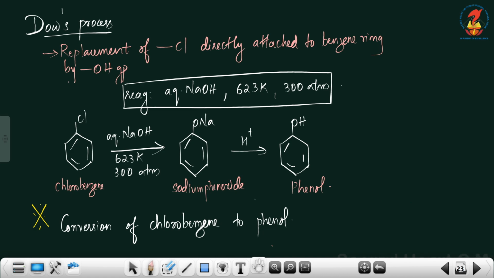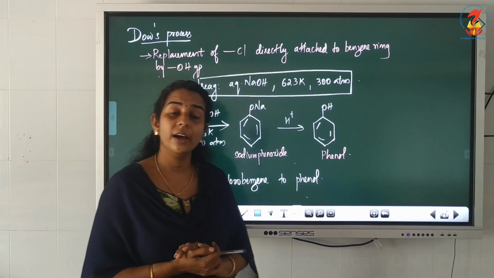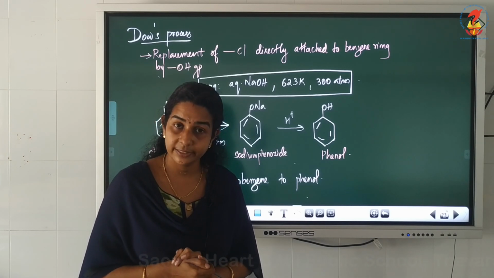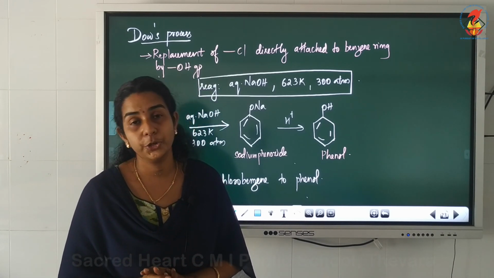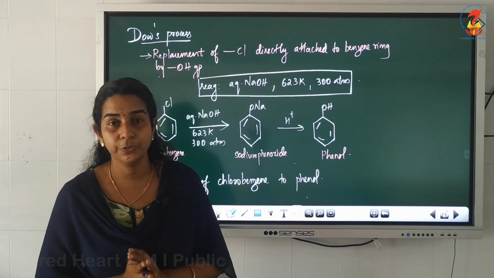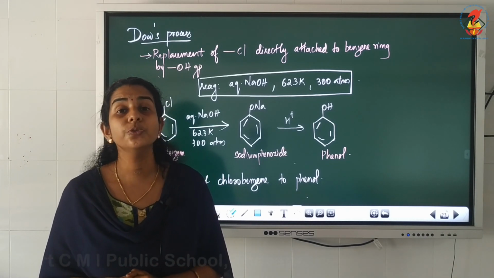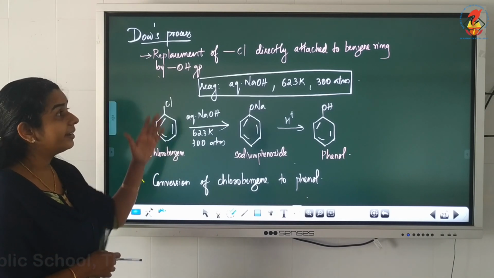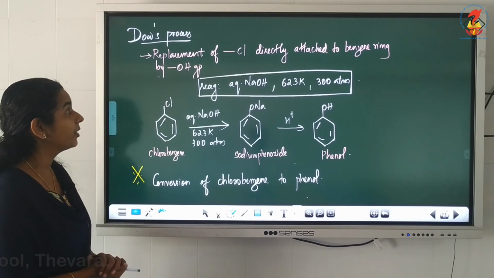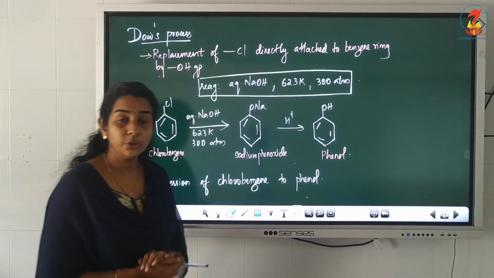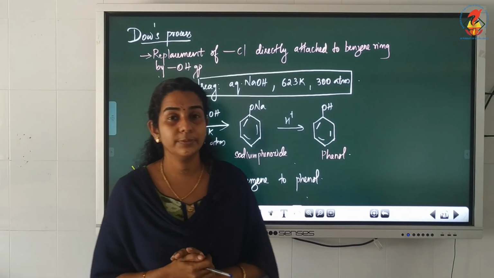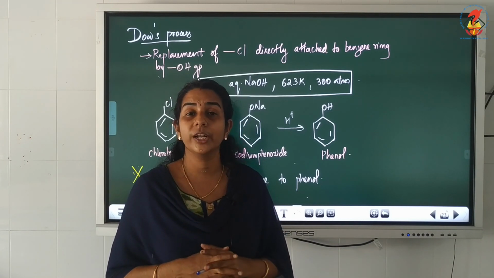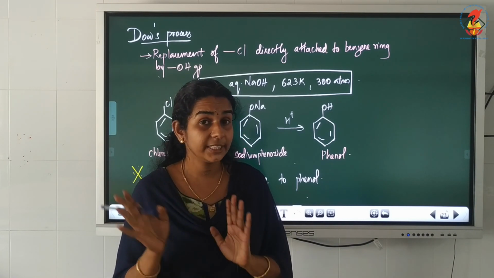Dow's process is actually a method showing how we can replace chlorine which is directly attached to benzene ring by OH group. So it is a conversion of chlorobenzene to phenol. The reagent that we use for a nucleophilic substitution reaction is aqueous NaOH or aqueous KOH, if we want to replace by OH.